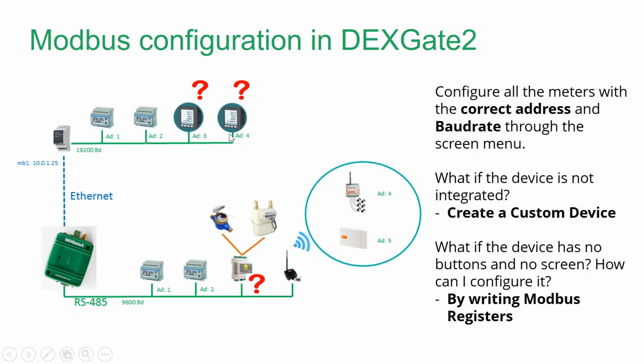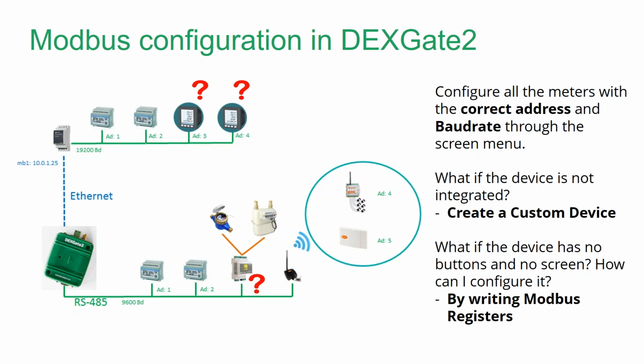It is not a very common device in the industry, so it may not be integrated into my gateway. So we will see how to integrate a new or strange device that has appeared in the industry. And there's also another problem: how to configure devices that are not easy to configure. As you see, this, for example, has a screen and some buttons.